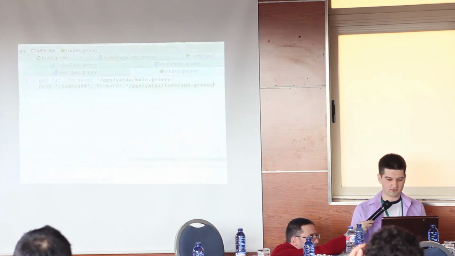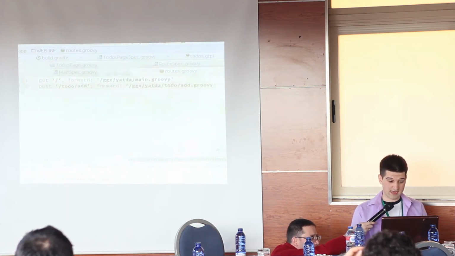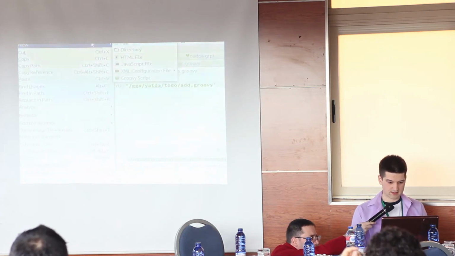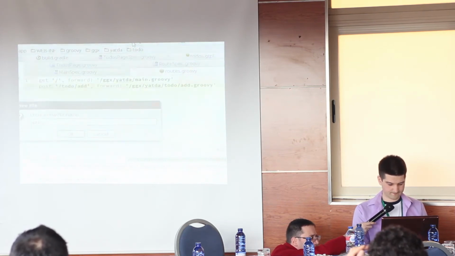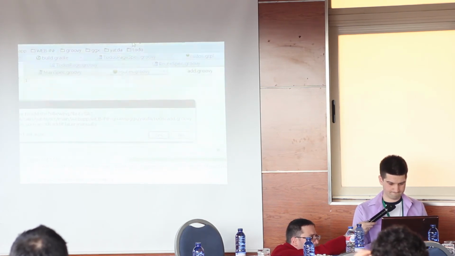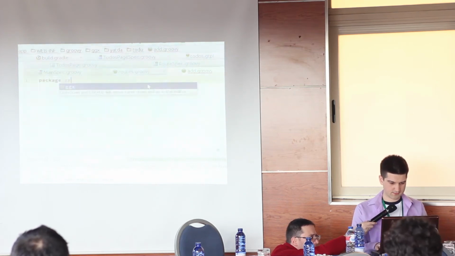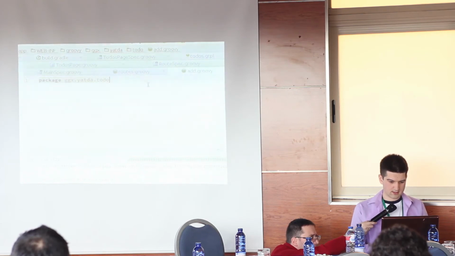We have a routing test with the route implemented, but we still have no groovlet that would handle our request. So let's add a new groovlet. Let's define the package which it is in. Okay, and now we need to create a new unit test.